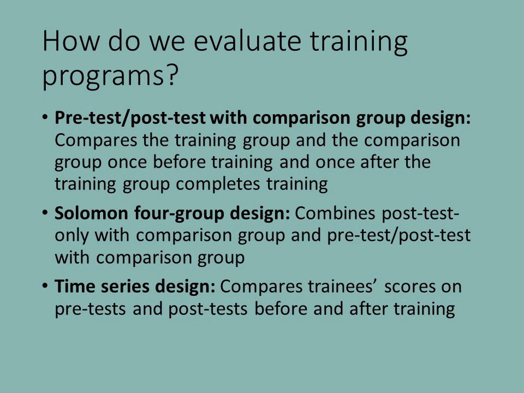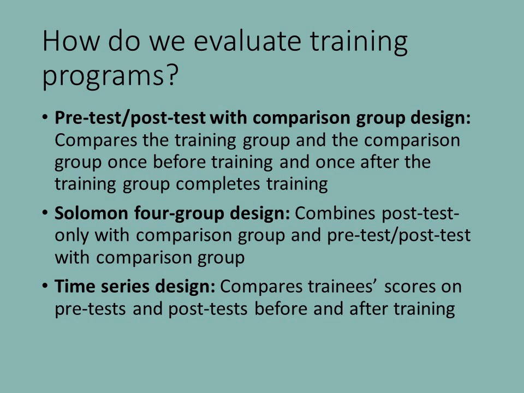The final evaluation design that we are going to cover is called the time series design. Not only can it assess whether change occurred and whether training caused it, it can also assess the stability of training effects over time. For how long do the benefits of training last? This design collects multiple measurements, both before and after training.